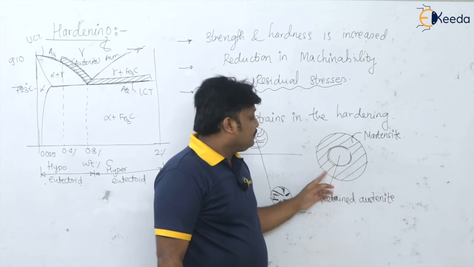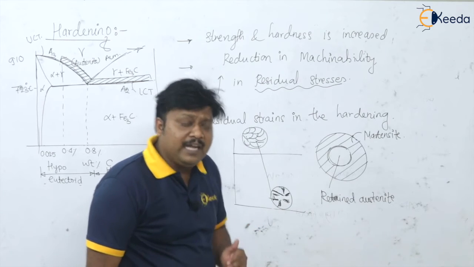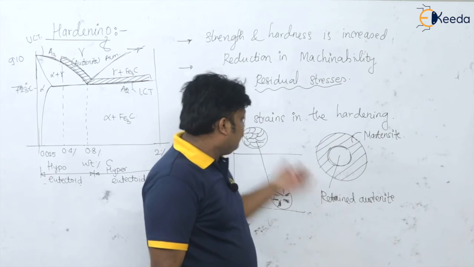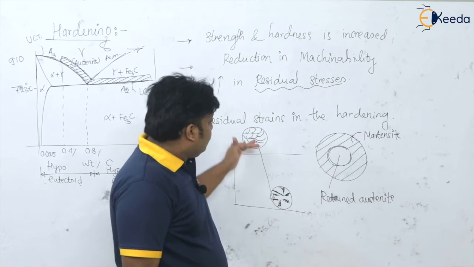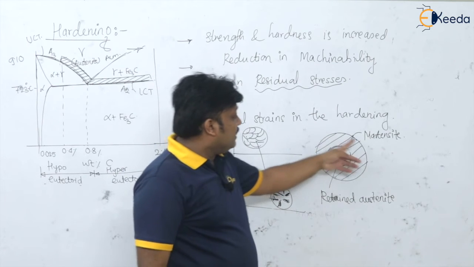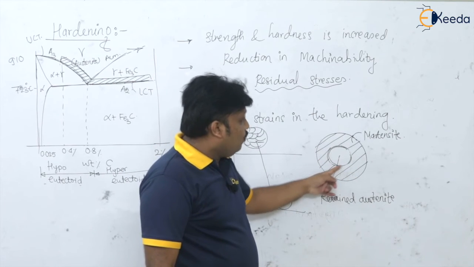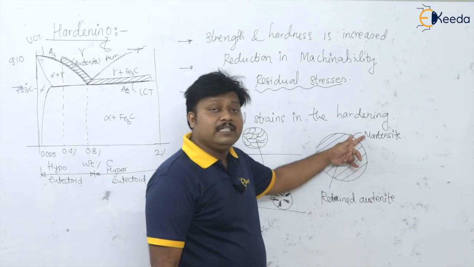Please remember here, because in a very short period of time you have quenched it from austenite to room temperature, only martensite is formed in whatever time it gets, but the core of the object is still not 100% converted into martensite.